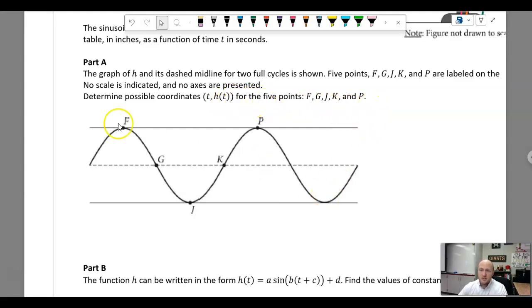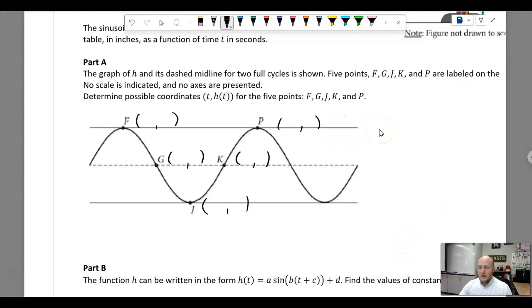So you have to figure out the 5 coordinates. On the AP test too, they give you parentheses here, here, here, and up here. You can either write them in there or write them off to the side, but you just have to figure this out.